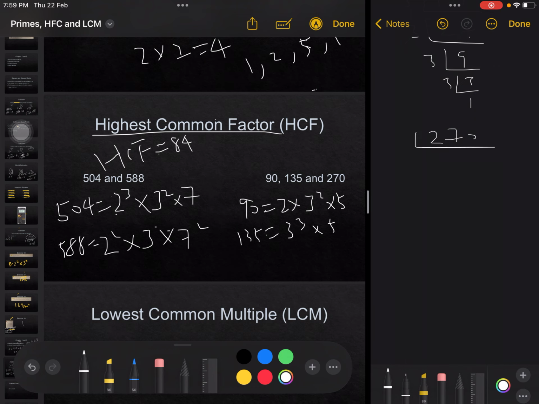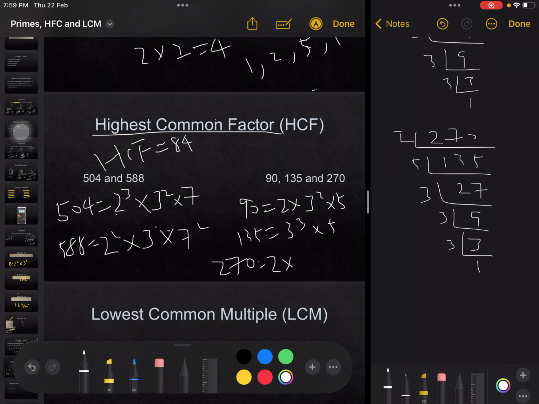270 again, so divide by 2 is 135, then we repeat, then we have 27, then 9, and 3 again. Okay, so 270 equals 2 times 3 cubed times 5.